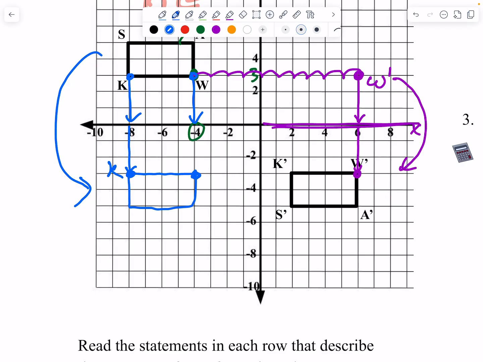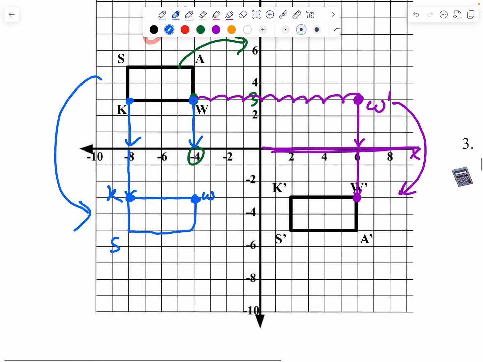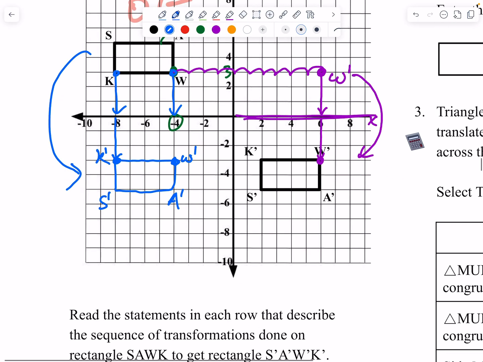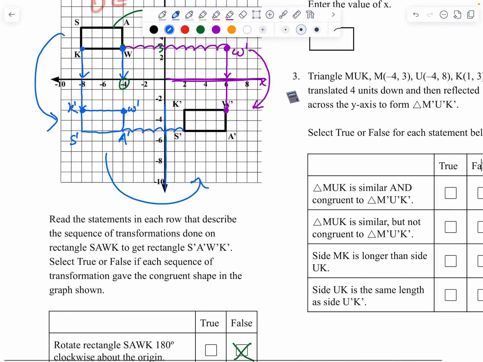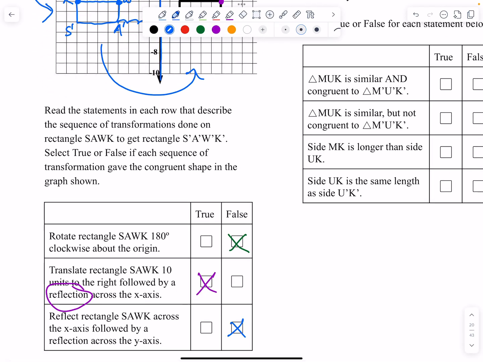Now this is my K, that's my W, my S, and my A prime. And then it said it got reflected across the Y. If this is my mirror, I went 1, 2, 3, 4, and then 1, 2. Nope, that did not work. It does not get reflected. It actually got translated. So this one was false.